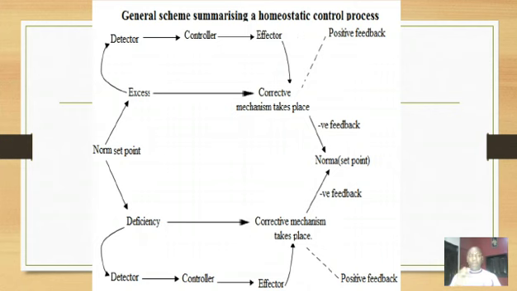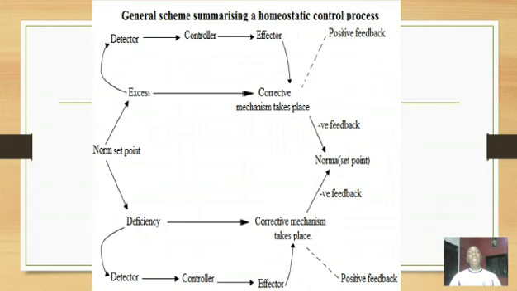This therefore means that 80 milligrams per 100 cc of blood is the norm, the set point. Your body temperature should be kept at around 36.8 to 37 degrees Celsius, meaning 37 degrees Celsius is the norm, it is the set point.